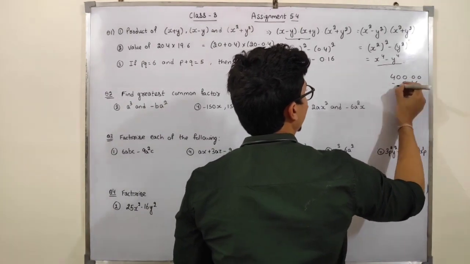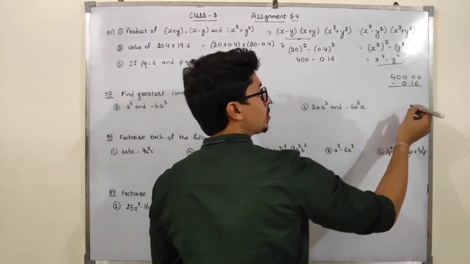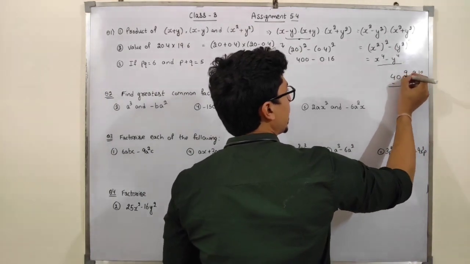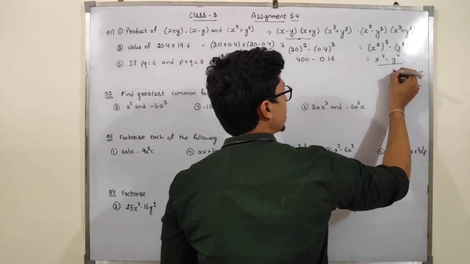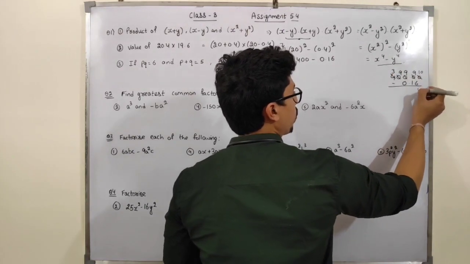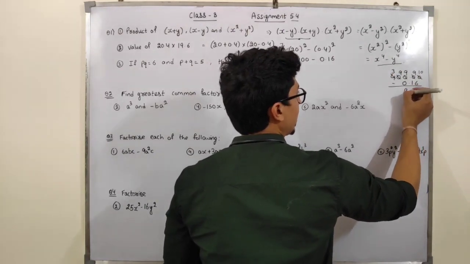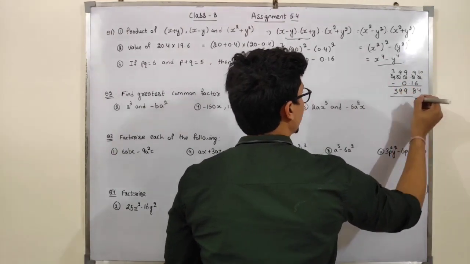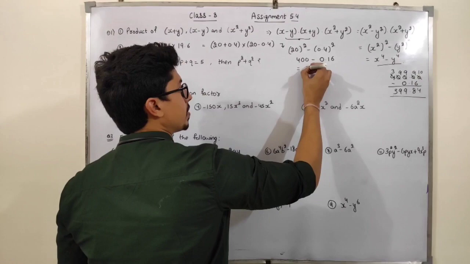If I just write it like this, so what will it be, students? See, this will be 399.84. So this is our required answer.